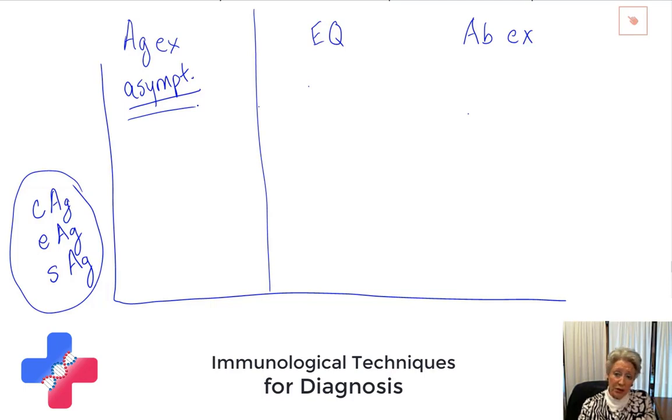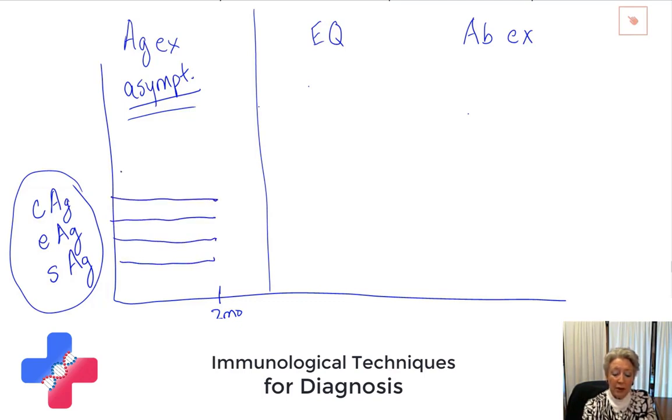It's not until they begin to have symptoms at about 2 months that you will see I would still be in antigen excess for S and for E, but for C, I would have shifted over to making antibodies against that.